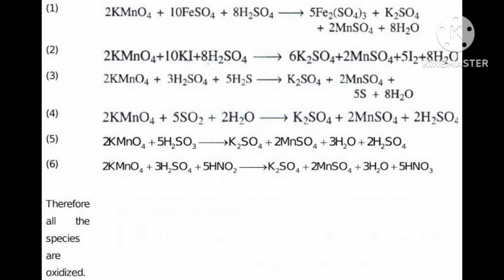Now, manganate and permanganate: MnO4 2 minus is called manganate, and MnO4 1 minus is called permanganate.